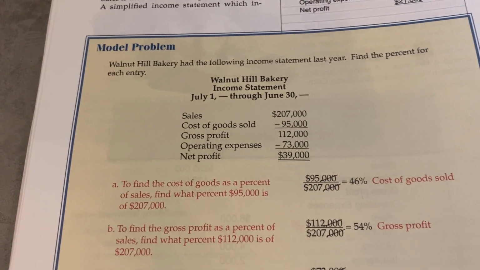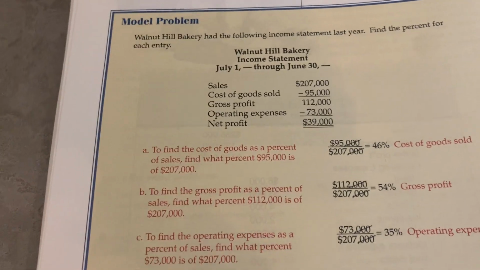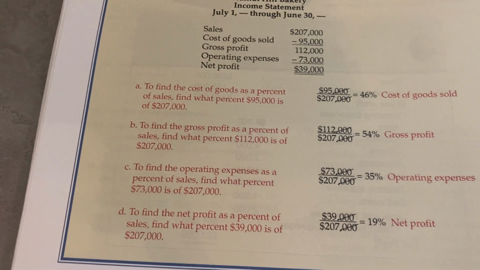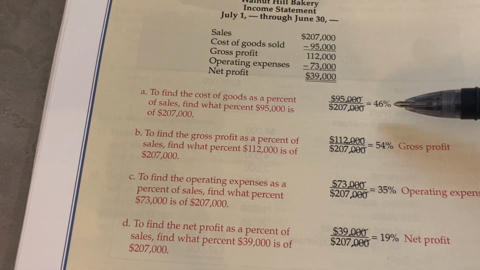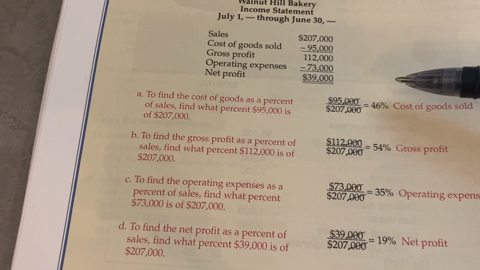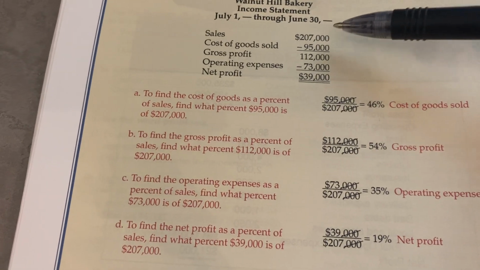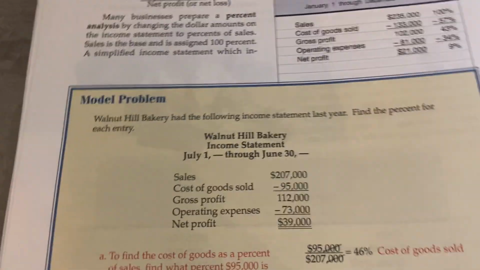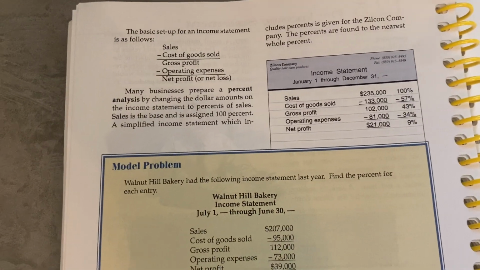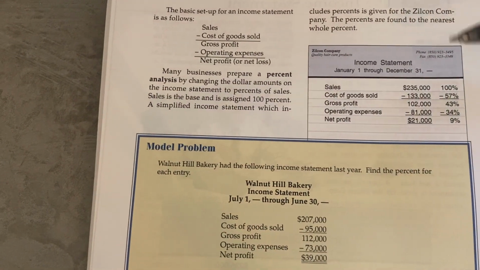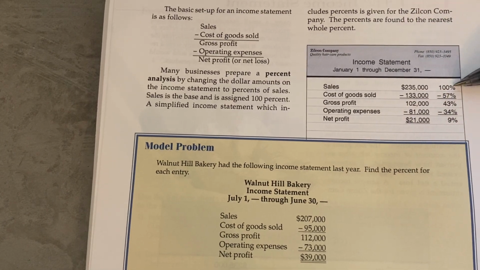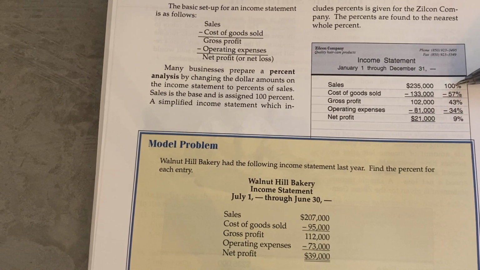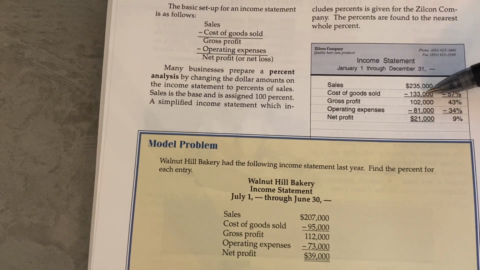Now they want to present this as a percent, just to show everybody the ratio as a percent. Let me show you up here a little bit in your book. Here's an example. Your sales are going to be 100%. The cost of your goods sold: what is 133 of 235?